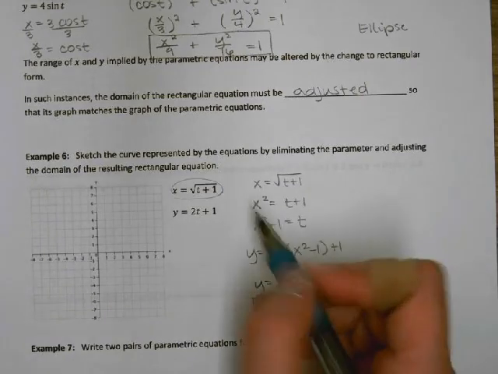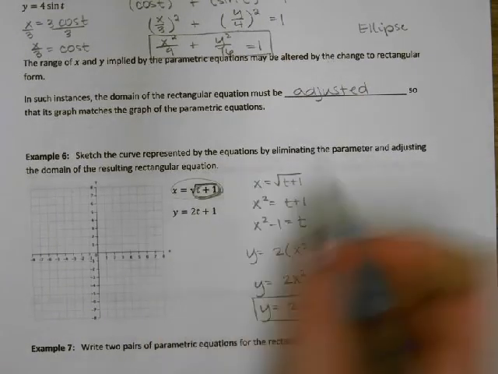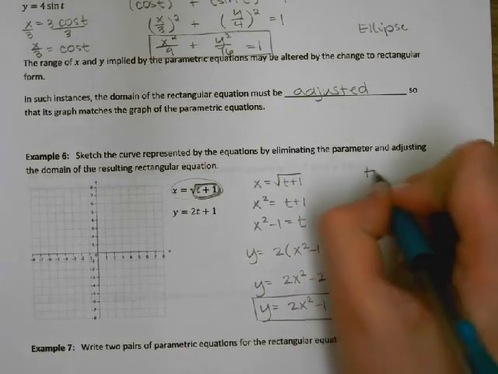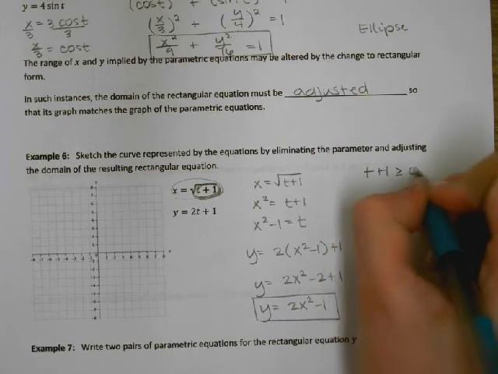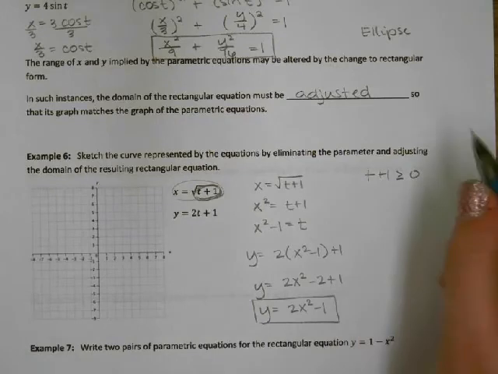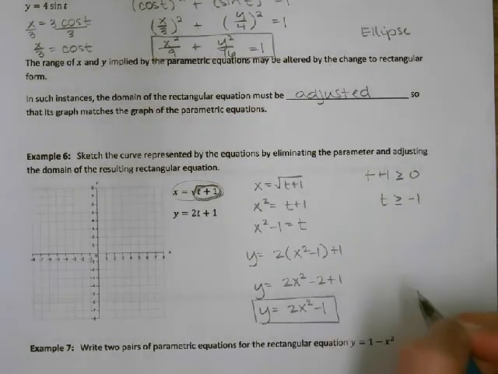Now, if we think about this, we know that because we have a square root there, you can't have a negative underneath the square root. So that means that t plus 1 has to be greater than or equal to 0. You can take the square root of 0, you just can't take the square root of a negative. So that means that t had to be greater than or equal to negative 1.